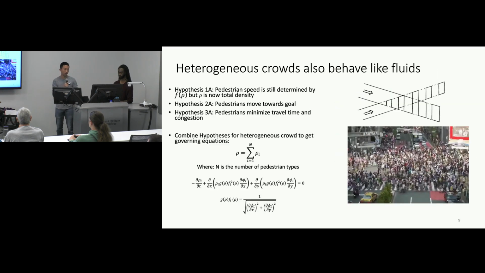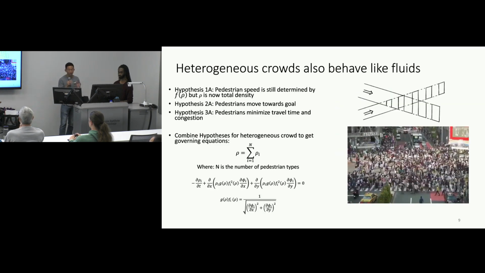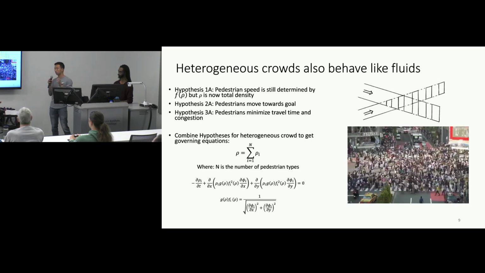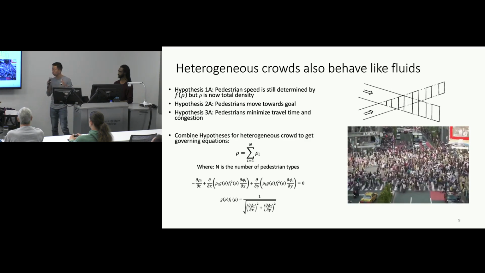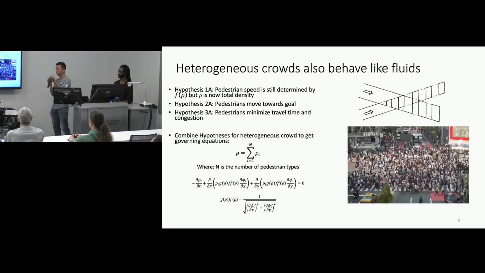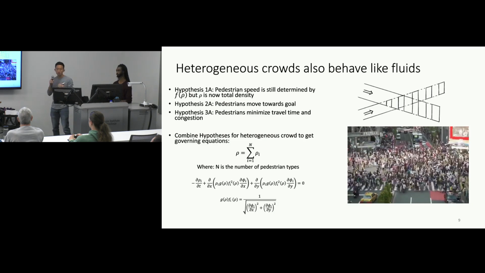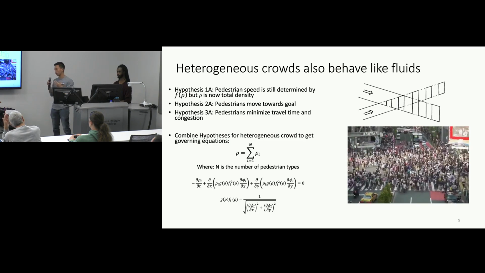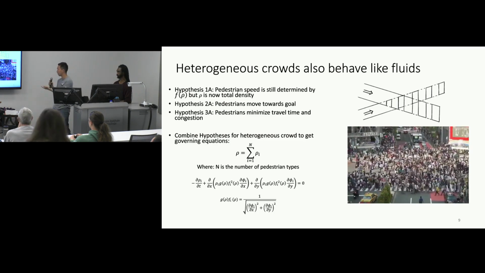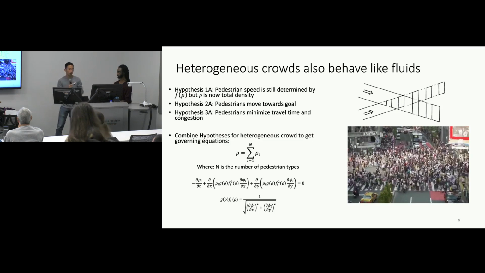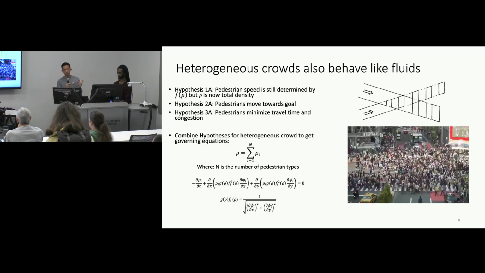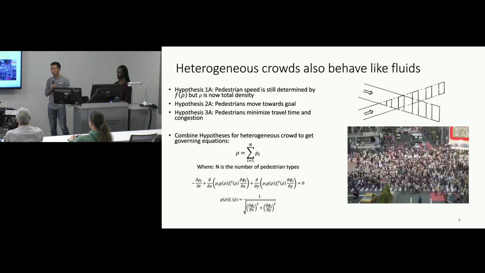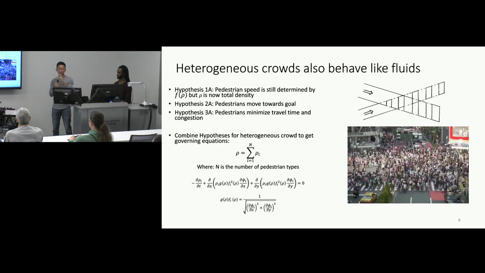And then heterogeneous crowds can also be modeled as fluids, so that instead of one crowd moving towards one entrance to a concert venue or whatever, there can be multiple crowds going to two separate places, almost like a stoplight on the top or a very busy crosswalk on the bottom. But instead of having a singular density, the density is a sum of all the densities from each group of people that want to go to some place.